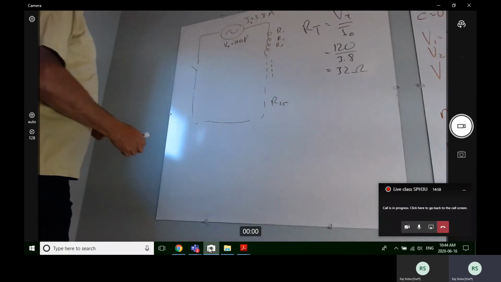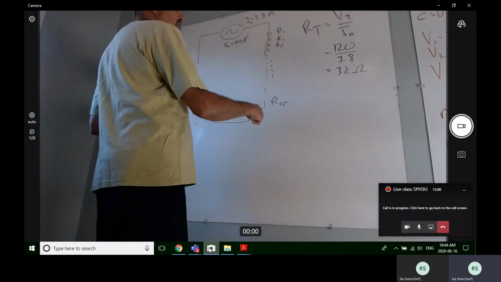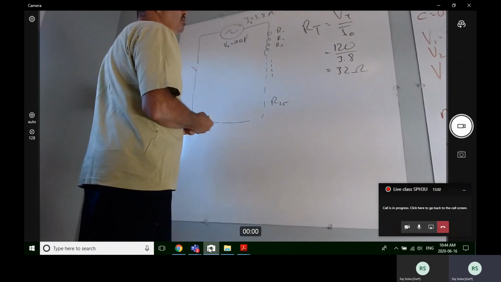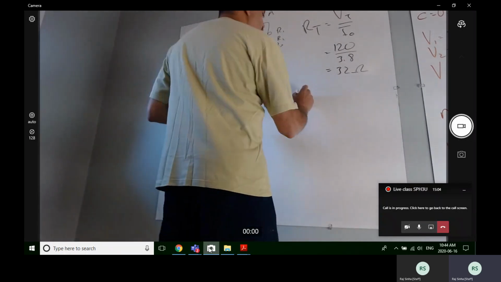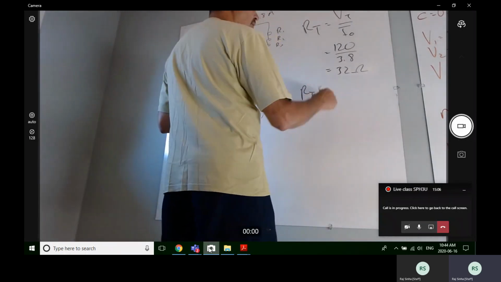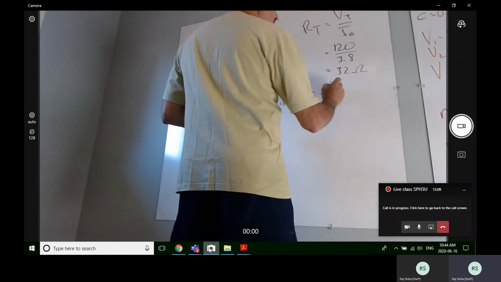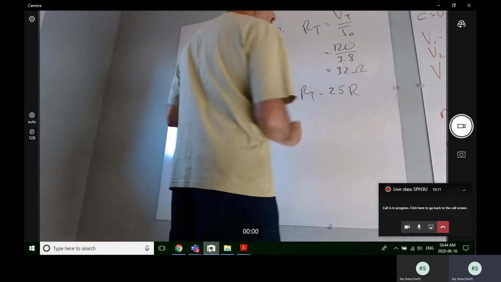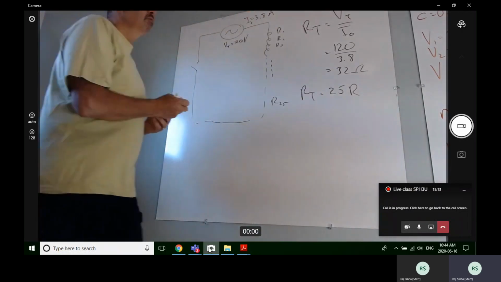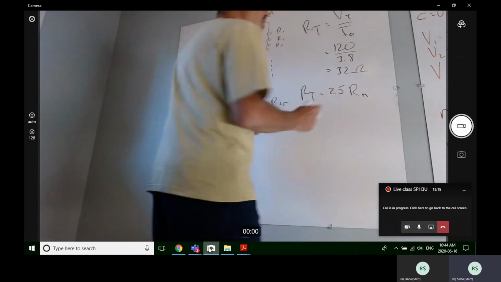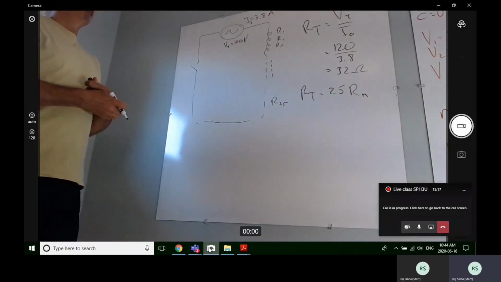Now, if I know that the total resistance for these series bulbs is 32 ohms, I know that the total resistance is also equal to R1 plus R2 plus R3. I actually have 25 individual resistances, where these are the resistances for each of the bulbs.